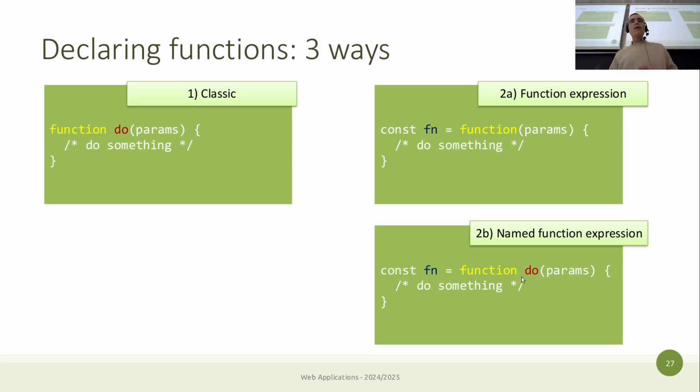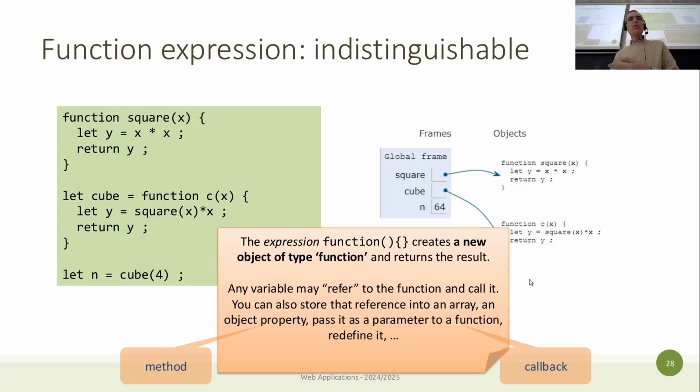You can also give a name here, but that's not that useful because you assign the reference to fn, and then you will use fn. So it's supported by the syntax, but not really so useful. Then there is a fourth method, the last method. You see square as we did before, and then we have cube as function c, and then we call cube.